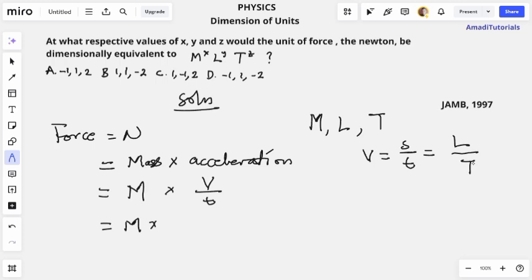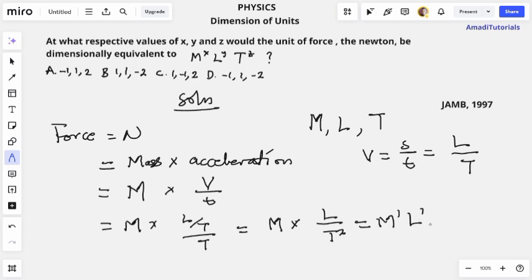So the fundamental unit for velocity is L over T. So if we come here and replace that, we now write L over T over this other T that was there already. So this will be equal to M times L over T squared. So this will be M raised to power 1 and L raised to power 1.